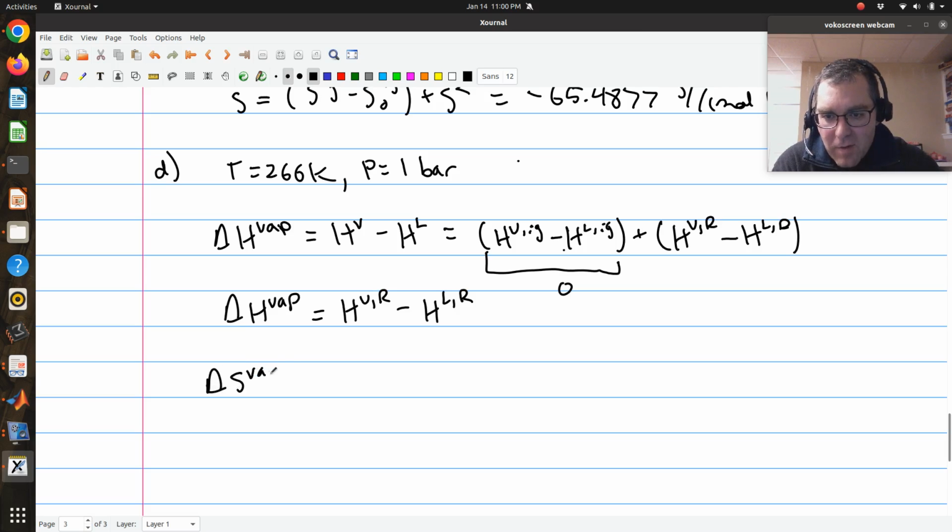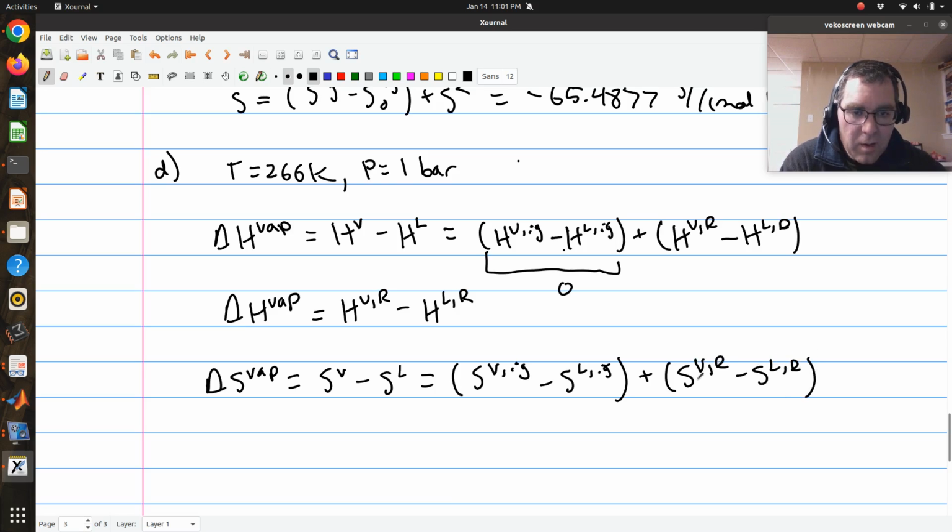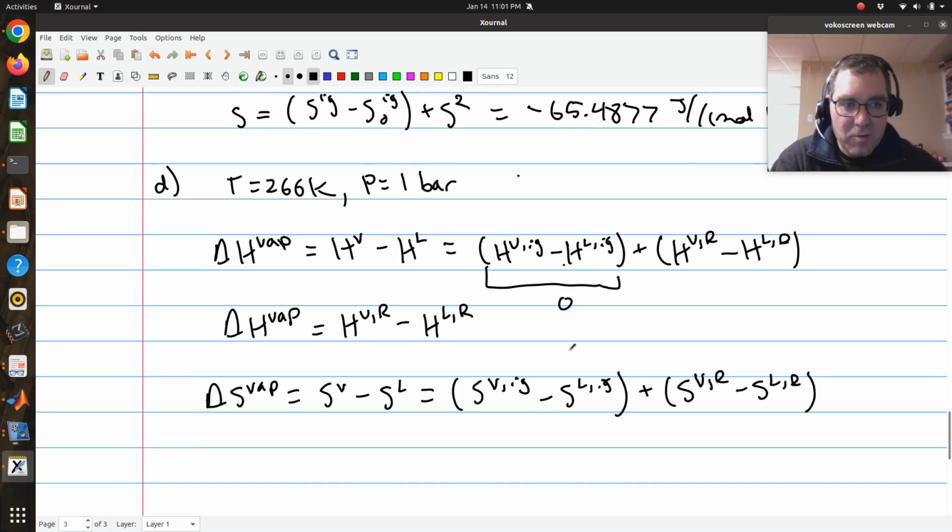And then we end up with the same thing for delta S. So delta S of vaporization is S vapor minus S liquid. This would be SVIG minus SLIG plus SVR minus SLR. Now the key is I have vapor-liquid coexistence, so the vapor and liquid are at the same temperature and pressure.